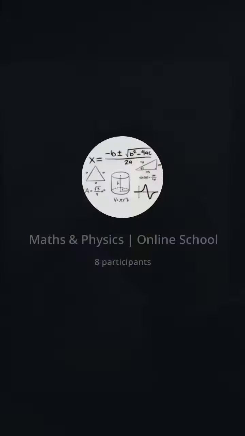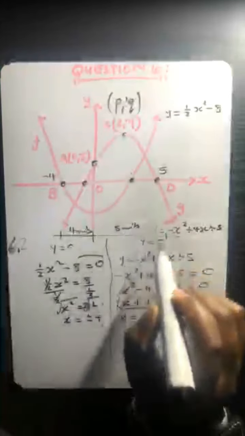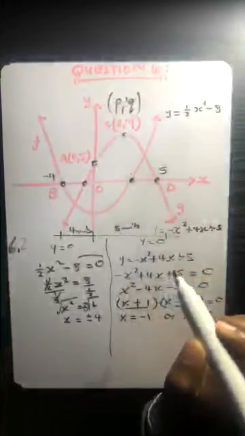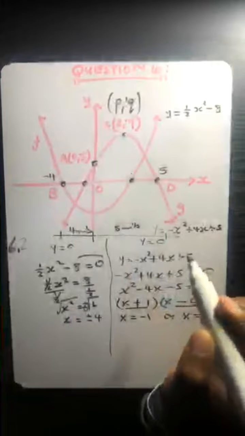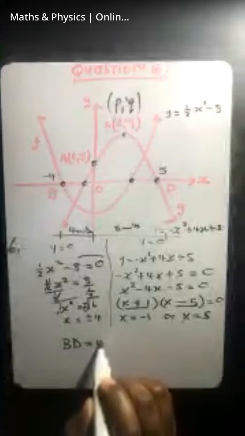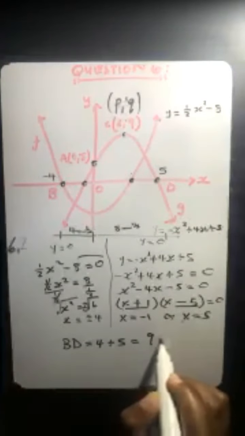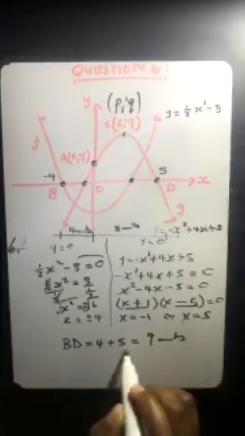So that means from the origin to there, it's actually 5 units. So BD is equal to 4 plus 5, which is equal to 9 units.